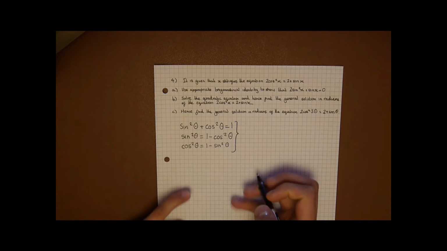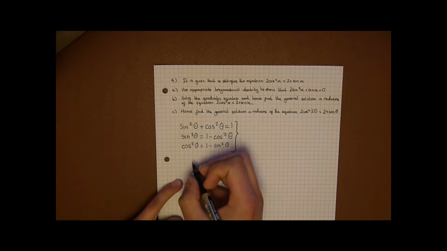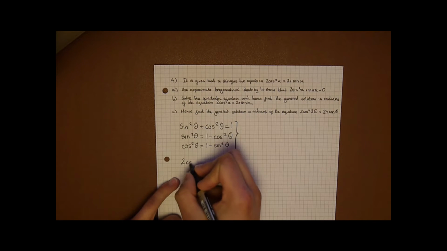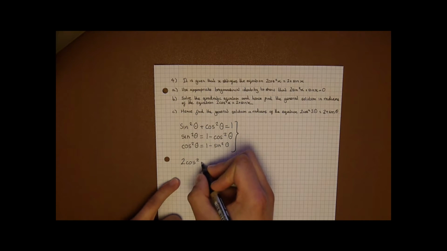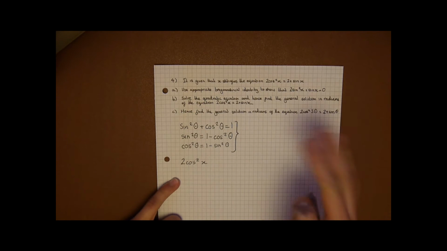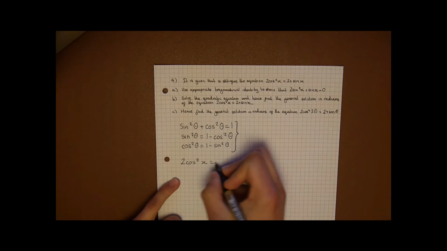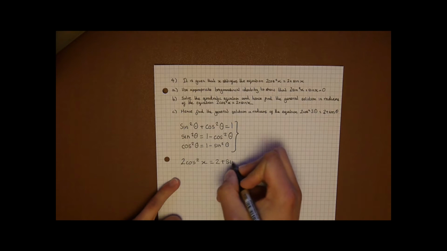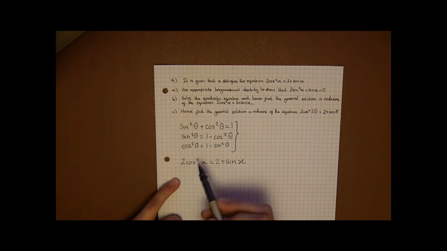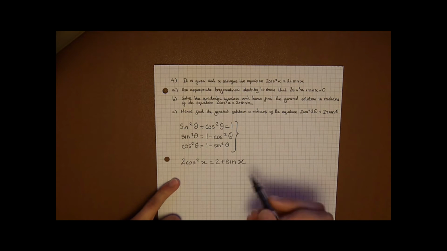So to start with, we have 2 cos squared x. x and theta are interchangeable in this, so don't worry about it. It equals 2 plus sine x. I've just rewritten the question, hopefully slightly bigger than before so you can read it a bit better.